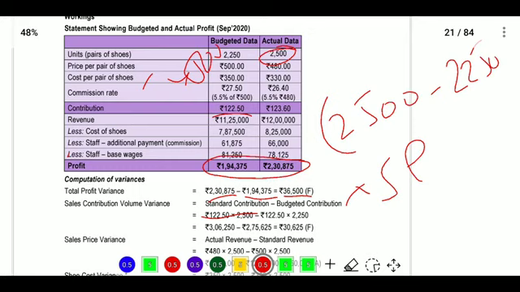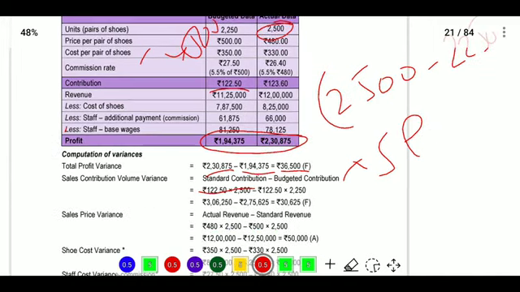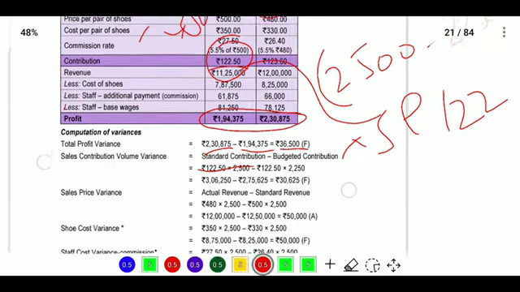Price always means standard price. What is the standard price? 122, so we take 122. Next, that is the contribution variance.